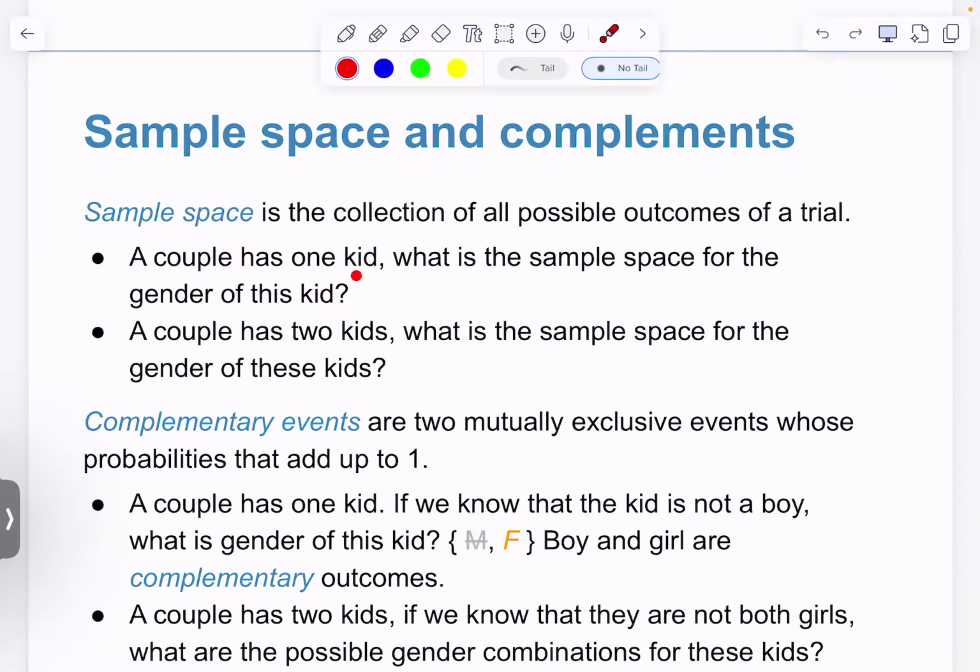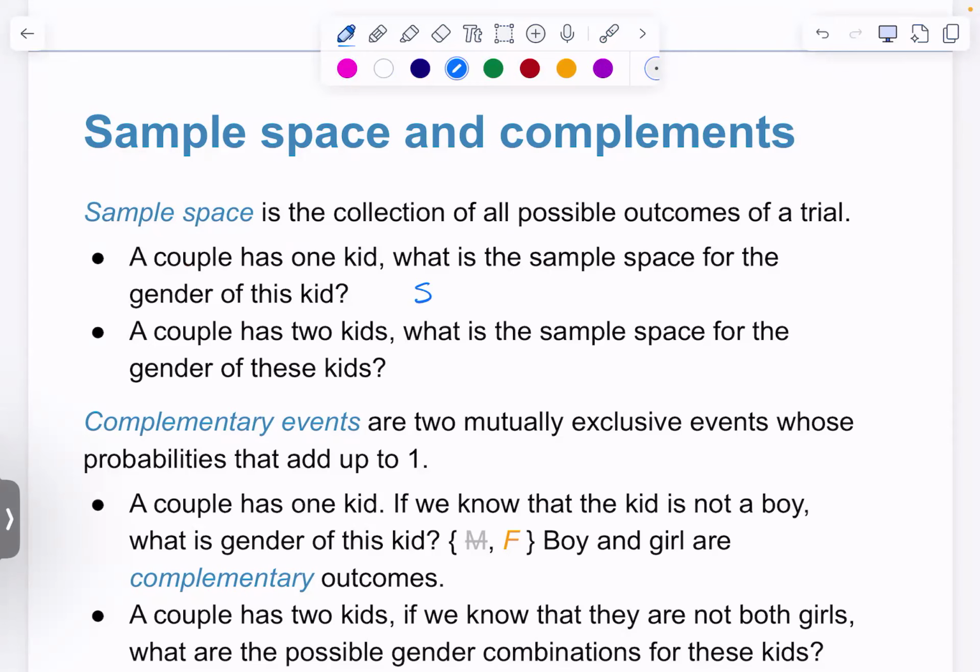A couple has one kid, so I guess it was children and not baby goats. Too bad. Anyways, maybe a couple of goats has one baby goat. What is the sample space for the gender of this baby goat?